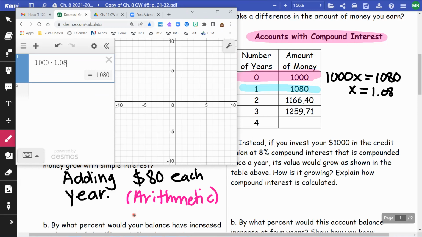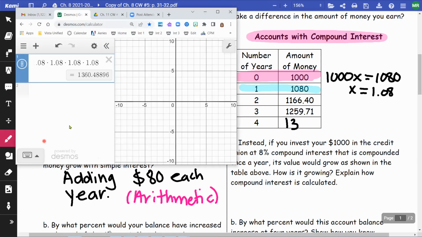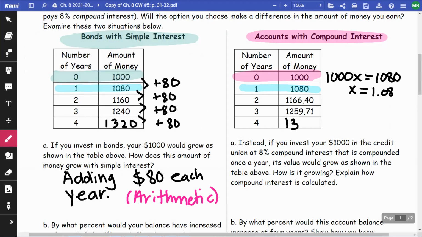Now, what happens if I times it by another 1.08? Okay, I got my 1166.4. And again, times it by 1.08. Okay. And then one more time, I'm going to times it by 1.08. And so that's what I'm going to get here, 1,360.49.